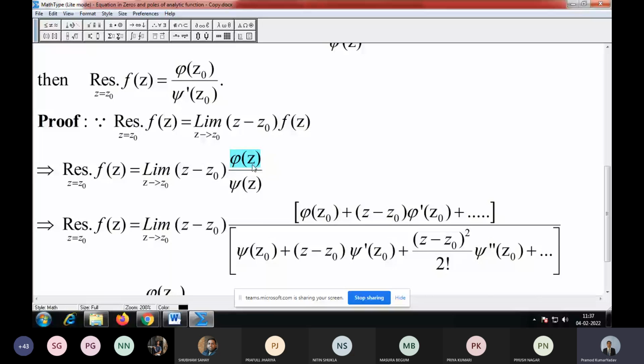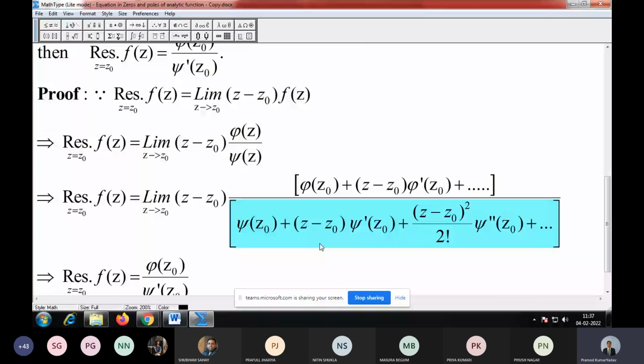So phi(z) will be phi(z naught) plus (z minus z naught) phi dash (z naught) plus and so on. You all know the expansion of this one. Similarly, we may express psi(z) like this one, the same concept. Now again take the limit as z tends to z naught. Psi(z naught) is already 0, so from the denominator we may take common z minus z naught, and this z minus z naught will cancel out.